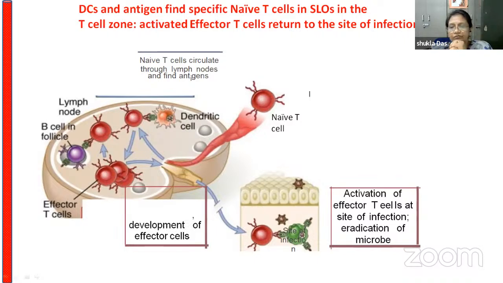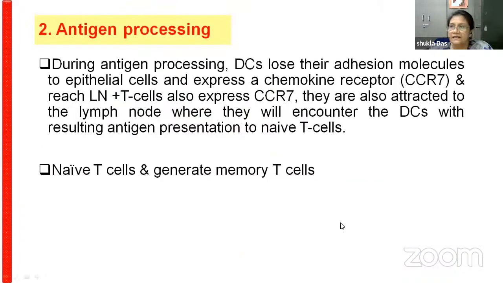It is the MHC class, which will process the antigen. So now, antigen processing: when the DCs enter into the lymph nodes, their co-stimulatory molecule, one of which is CCR7, helps them reach the naive T cell and the B cell as well.